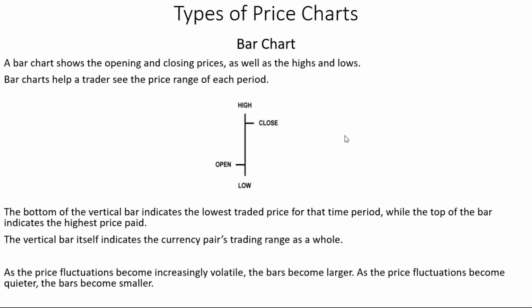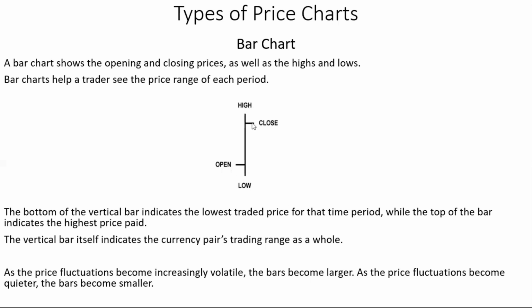So the bottom of the vertical bar indicates the lowest traded price for that period of time, while the top of the bar indicates the highest price paid. The vertical bar itself indicates the currency pair's trading range as a whole. From here to here is the range that price opened, went down, went all the way up here, came back and closed here.